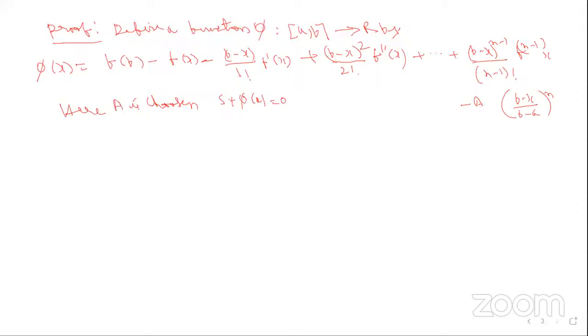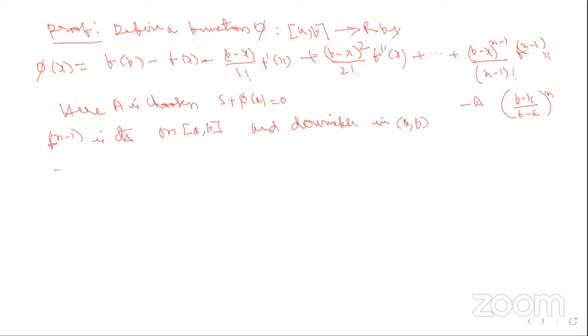So f of n minus 1 is continuous on [a, b] and derivable in the open interval (a, b).